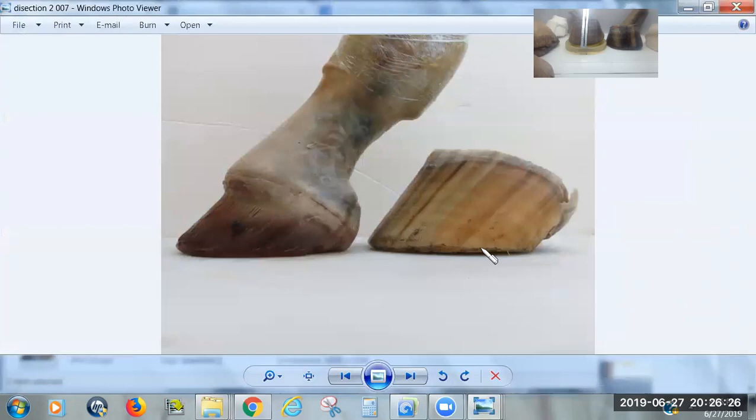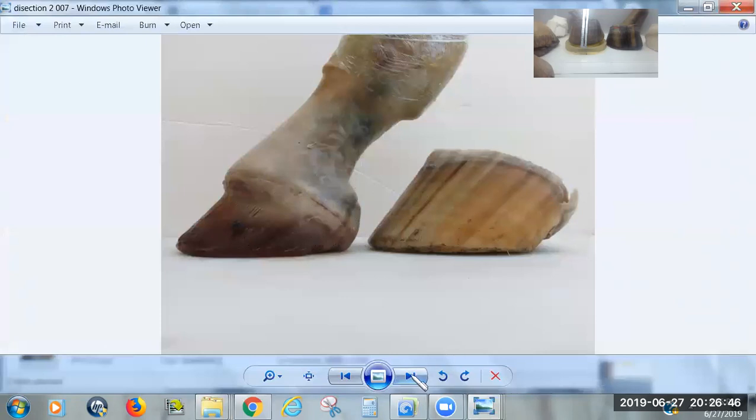And so when the heels are over trimmed, it starts to pull this area down, which is attached right here, and it'll pull all this down and pull it forward and cram this foot into a smaller hoof capsule.